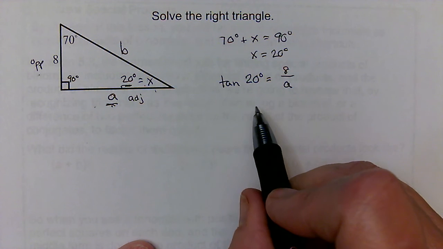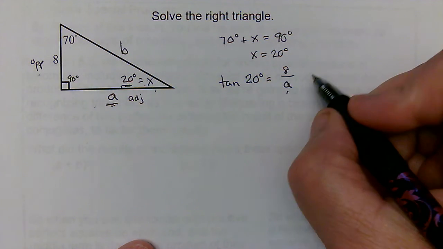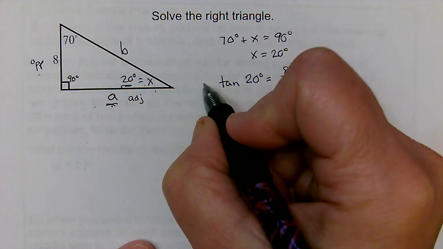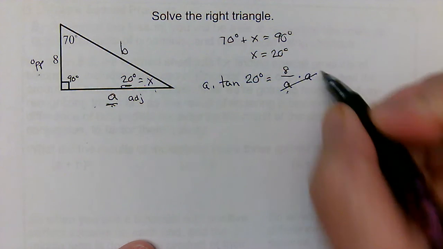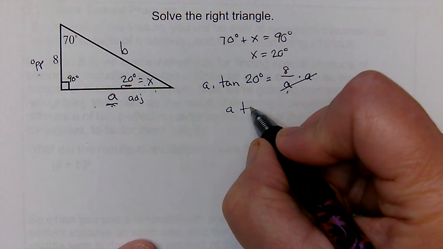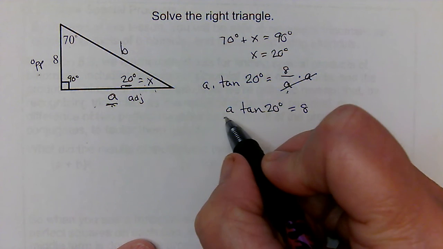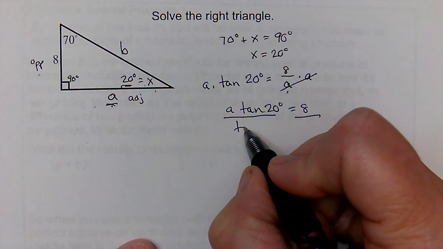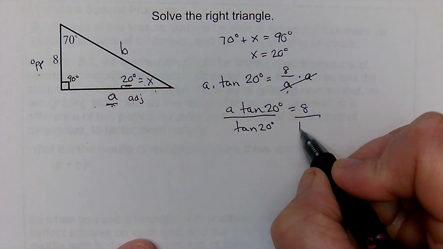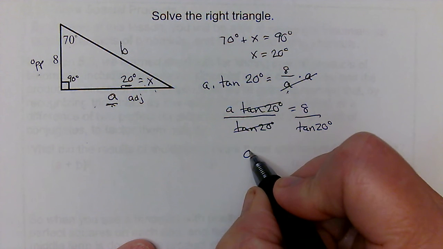I'm not going to play with the calculator, though, until I get A by itself. So the first thing I would have to do is multiply both sides by A to get the A out of the denominator. So now I have A times the tangent of 20 degrees equals 8. And then I would divide by the tangent of 20 degrees to get A by itself.